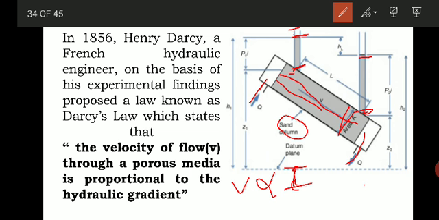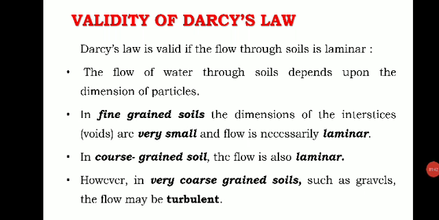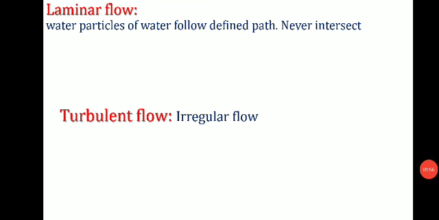Now we'll see the validity of Darcy's law in today's class. This law is valid if the flow through the soil is laminar. In the previous class I told you what laminar flow is: the water particles follow a defined path and never intersect.